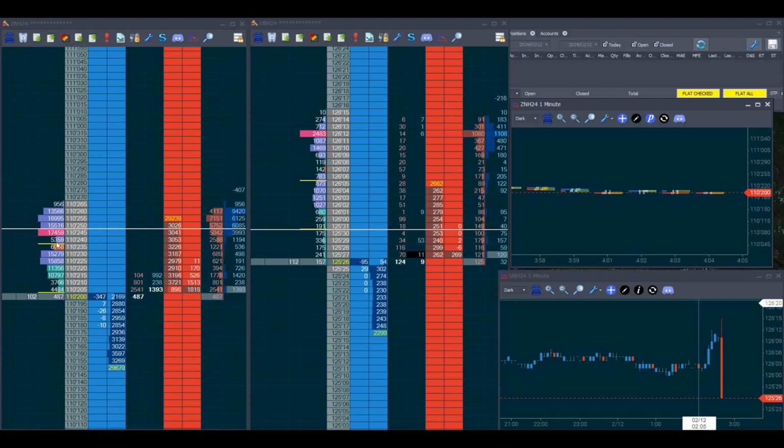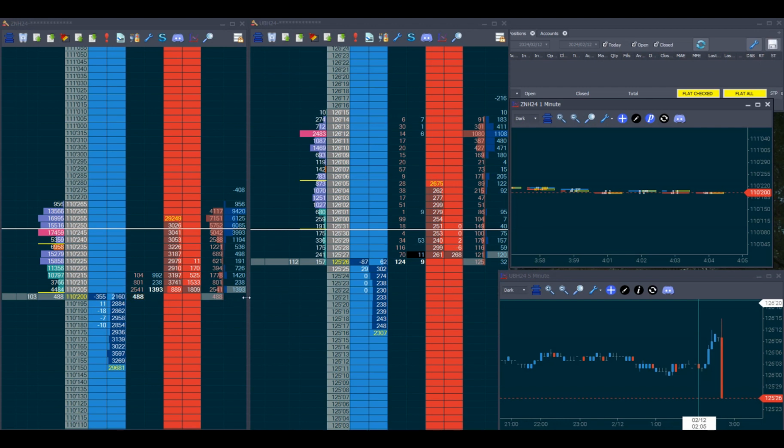You can see these low volume nodes, so this 240, 235 price level is a low volume node. You can see the maximum contracts traded up here. Using this with order flow, you can see what happened in the market at a specific time.